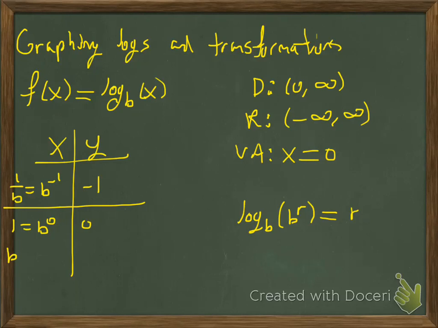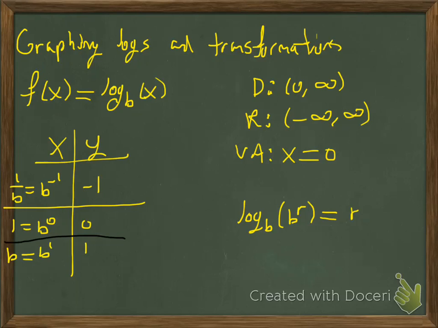And then finally, b to the first power is just b, and that's going to give us 1. So what we'll do is we'll do 1 over base, 1, and then base, and that's going to give us y coordinates of -1, 0, and 1.